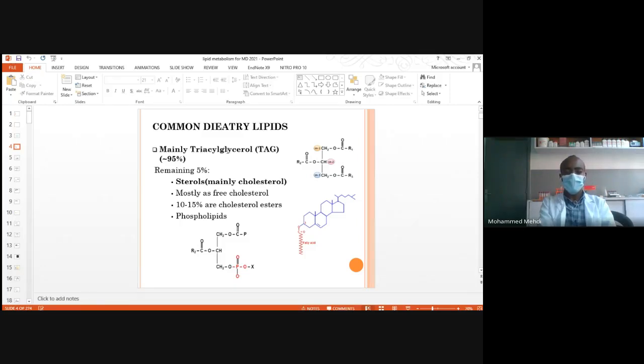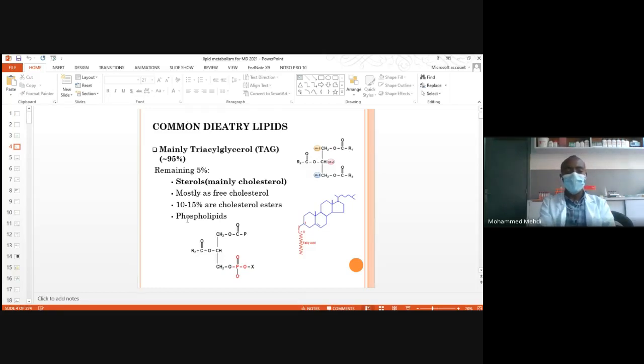The remaining 5% is free cholesterol or esterified cholesterol, making 10 to 15% of the 5%.